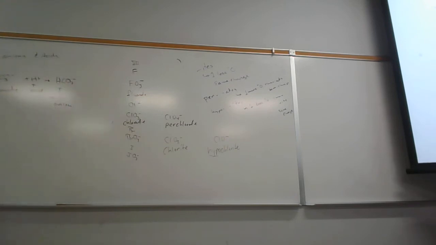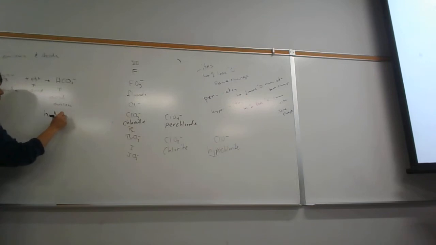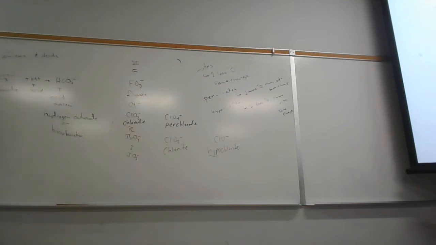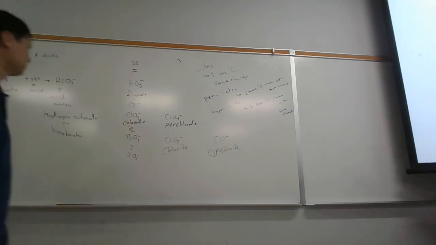And therefore, we just call it an acid anion, and then we would name this. The name of this is just hydrogen carbonate, 2 words, or bicarbonate, 1 word. Bicarbonate is by far the more common name for it, this acid anion.